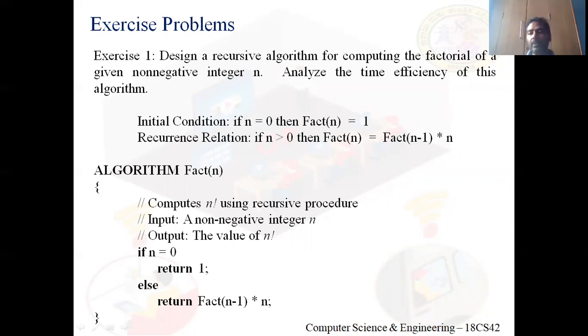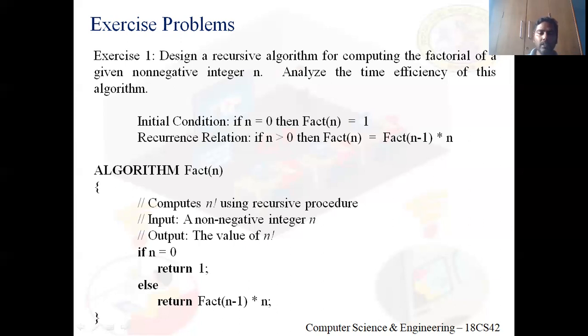So I repeat: m of 0 is 0, and when n is greater than 0, m of n is one multiplication more than the number of multiplications involved in the invocation of fact of n minus 1.